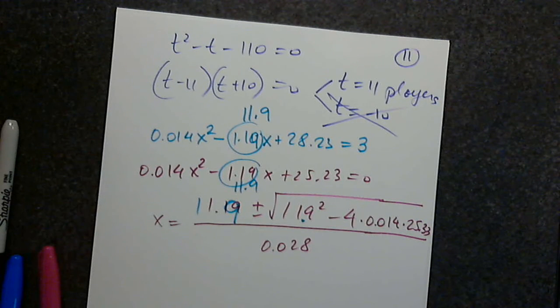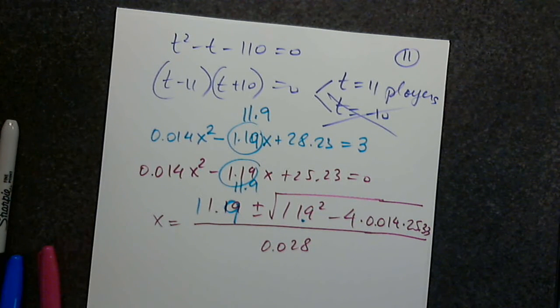Okay, so this is what we did. We wrote 3 equals this. Continue. Okay, fine. Yeah, that would be 25.23. Right. Okay, I enter your answer. Yes, I know that A is 0.014.